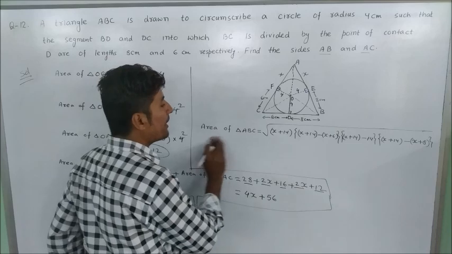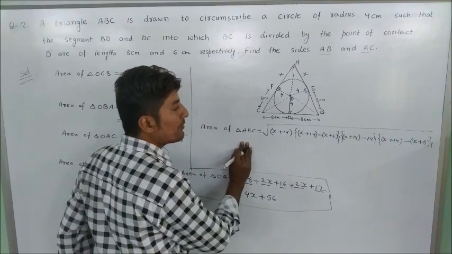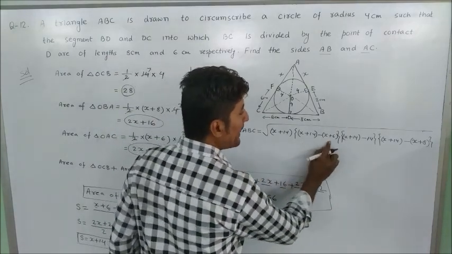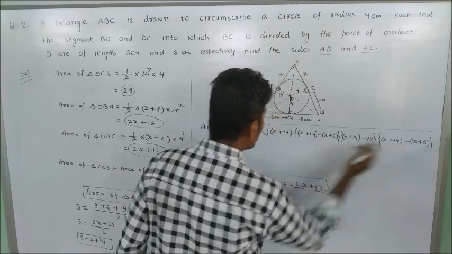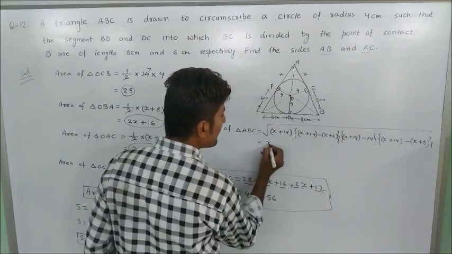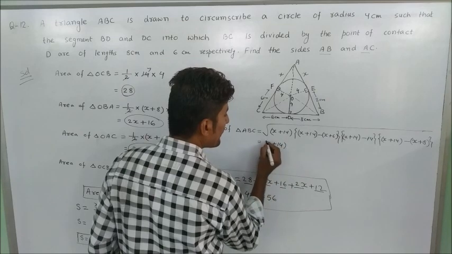Then I have applied the formula: area of triangle ABC will be equal to the square root of S times S minus A, S minus B, S minus C. So here we write x plus 14 inside the bracket.